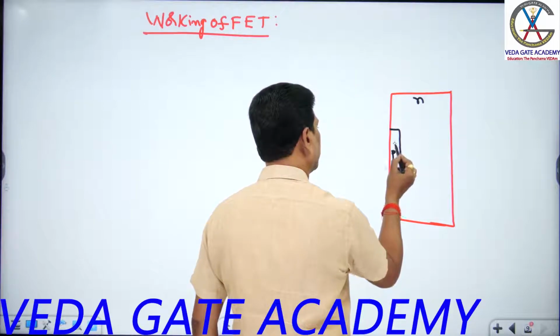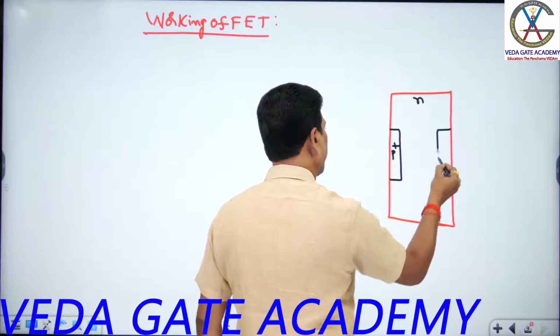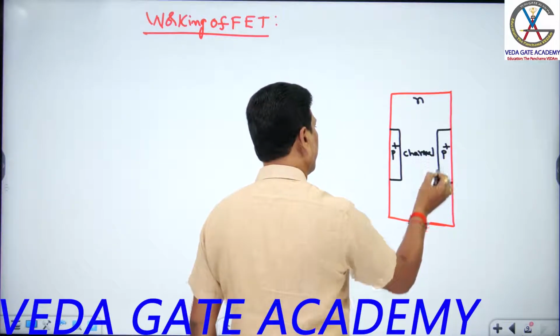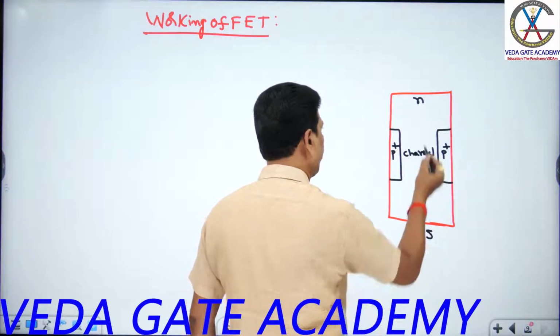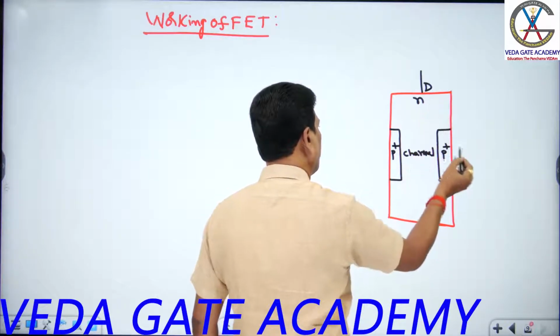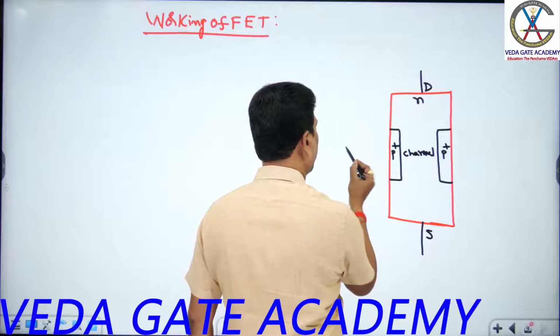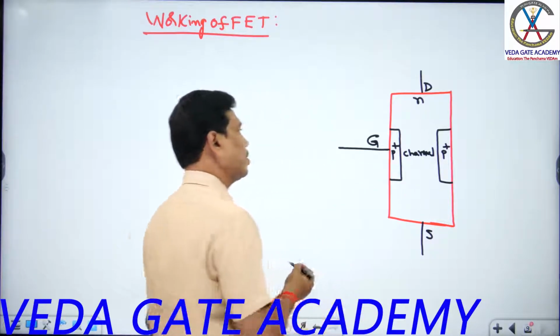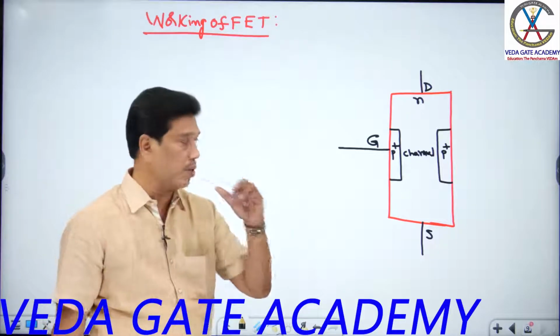Each P-type material with the N-type semiconductor forms a junction, as you discussed. The space between the 2 PN junctions is called the channel. This is the source. This will be the drain. The gate is to be taken from these 2 internally connected P-type materials. This is the gate. This is the structure of N-channel FET you just discussed, students.